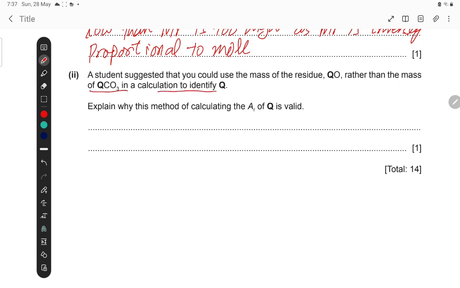So there is no difference, because the ratio between QCO3 and QO is the same, a 1:1 ratio. Similarly, the ratio of QO to carbon dioxide is also 1:1.